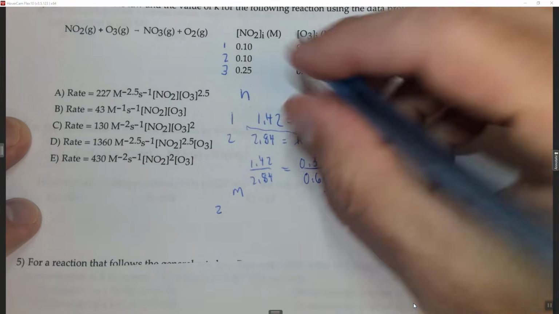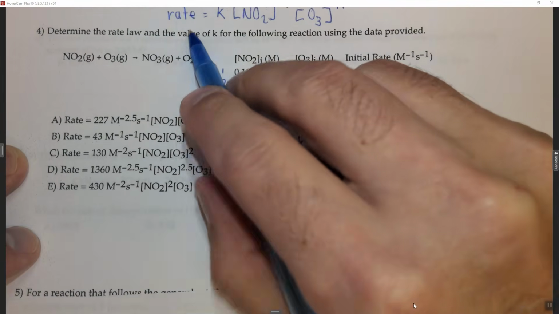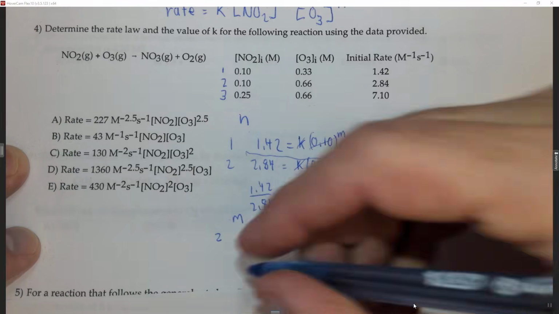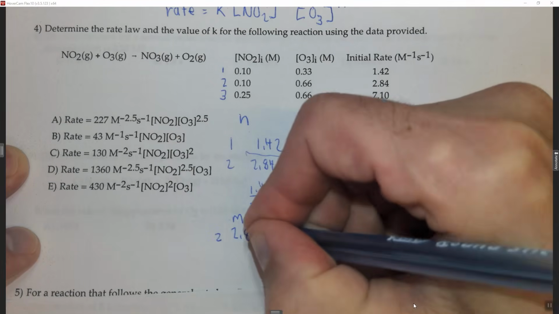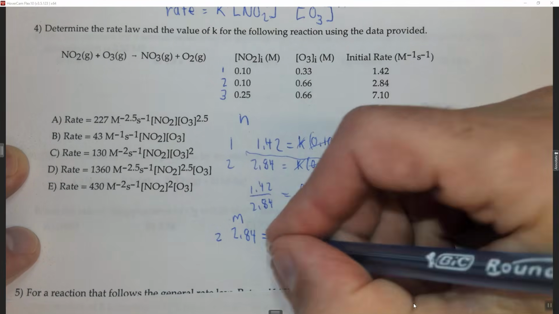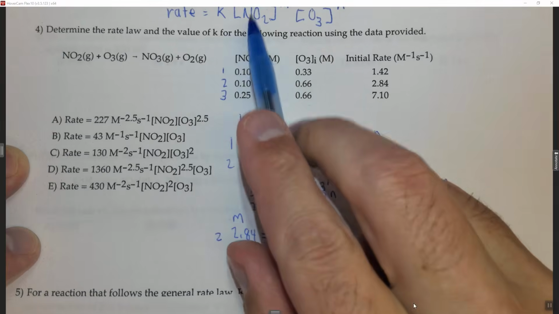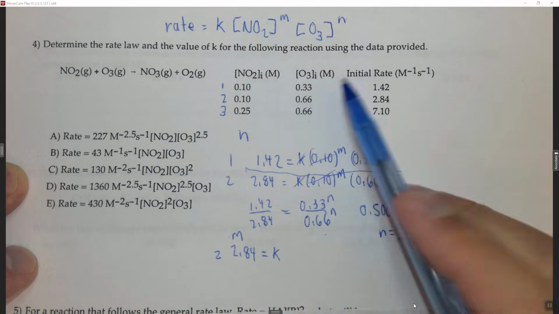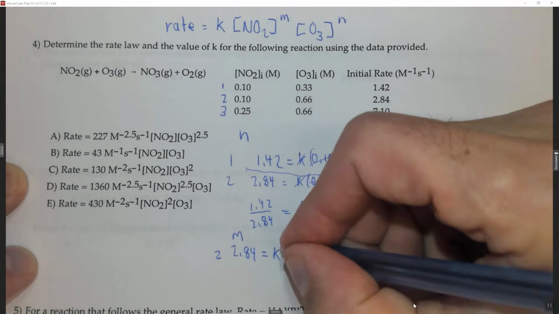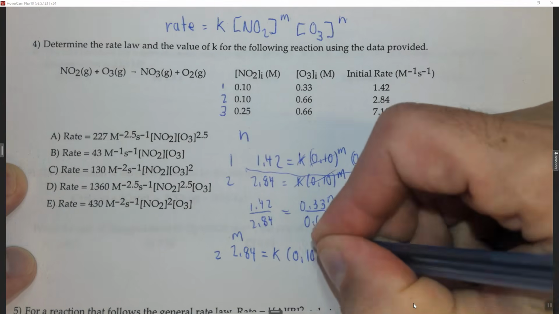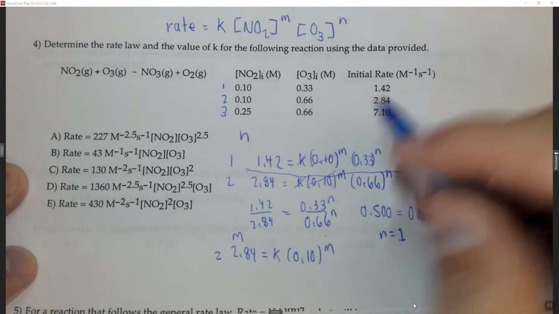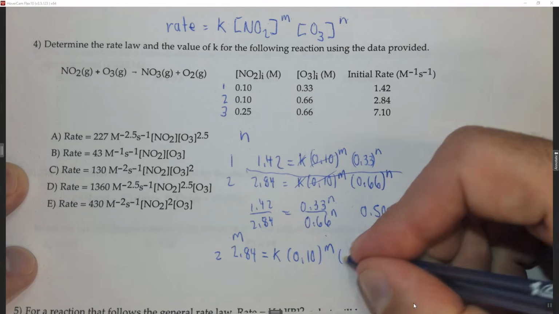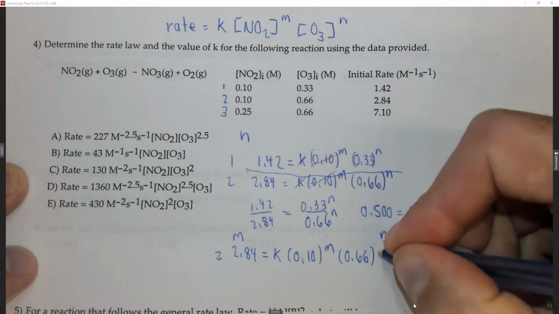Well, the rate is equal to 2.84 equals K, I don't know K. Concentration of NO2 in trial 2 is 0.10 to the m, and the concentration of O3 is 0.66 to the n.